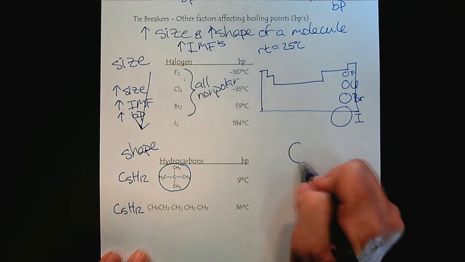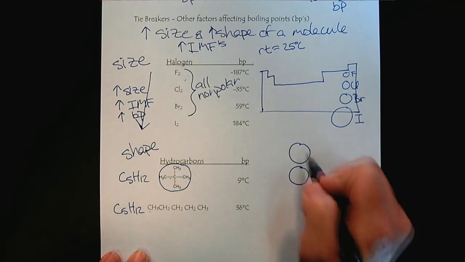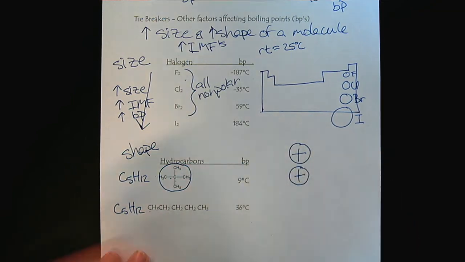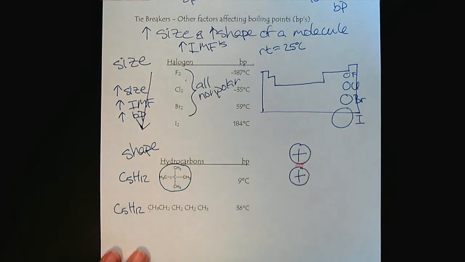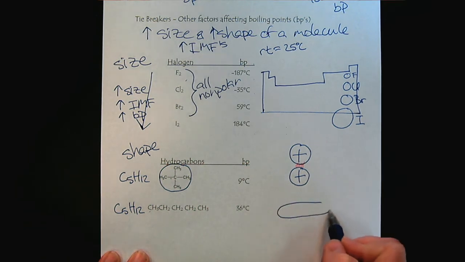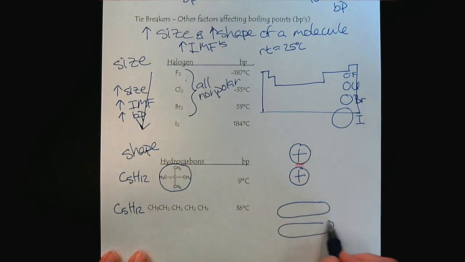So if we have two of these branched molecules, we see that there's a very small area for the London force to occur. And notice the very low boiling point. This compound would be a gas at room temperature. When we have the straight chain, however, we end up with a much larger surface area.